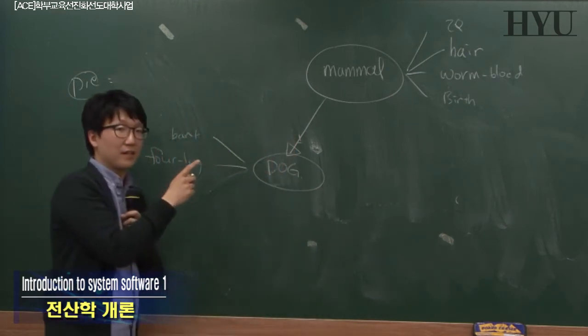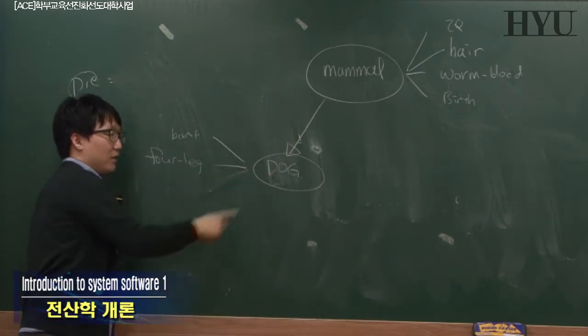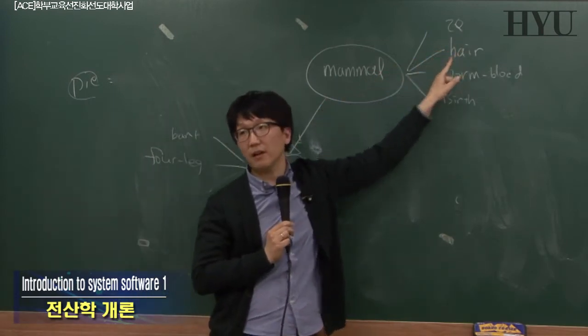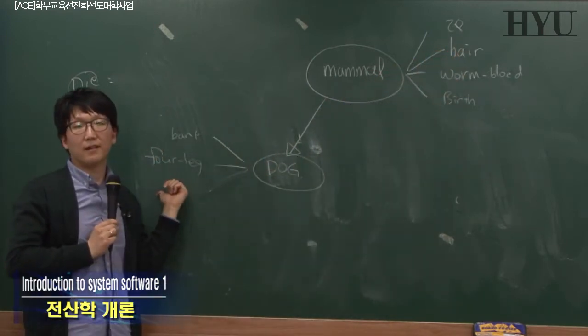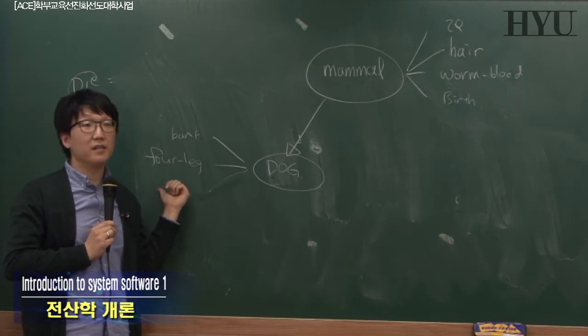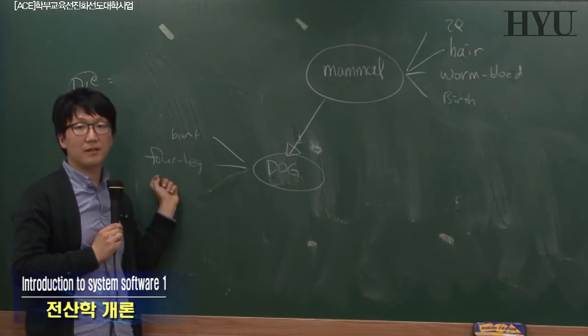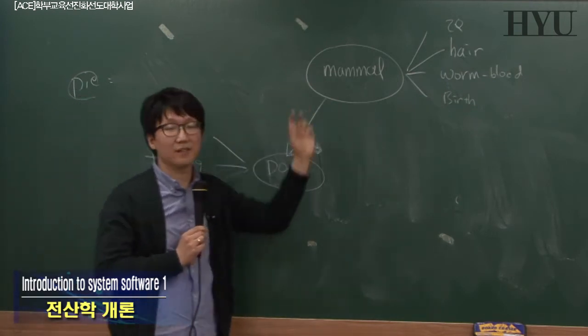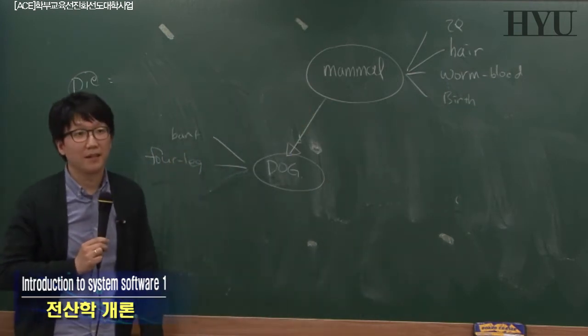The good thing is, because every dog is a mammal, I don't need to repeat these characteristics again in this class. Instead, I add a few more features, or I change some of the characteristics as I'm doing this.